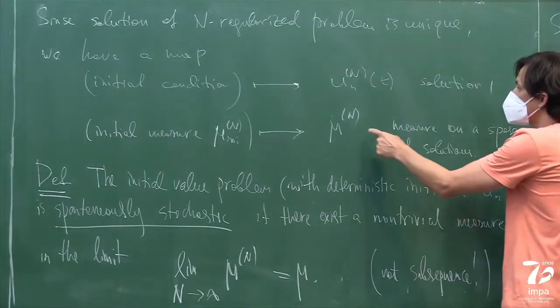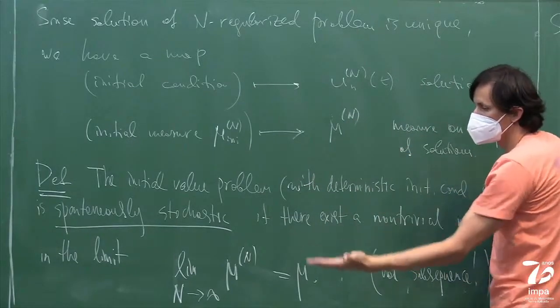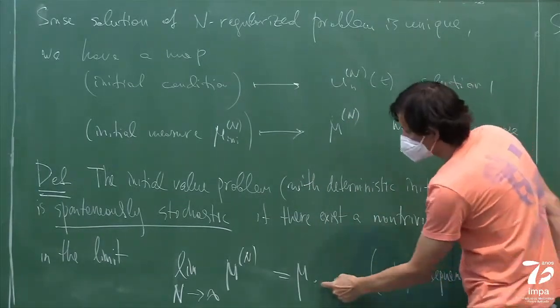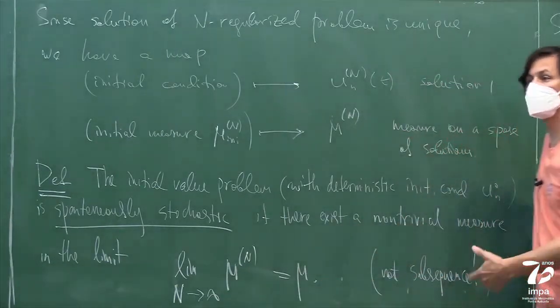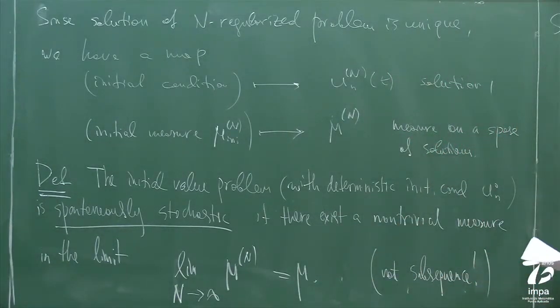So now we want this measure, when we regularize lower and lower, to converge to some other measure, which is not something trivial. It's not just a point. And it converges normally, with n going to infinity, not along a subsequence as before, just a unique limit.